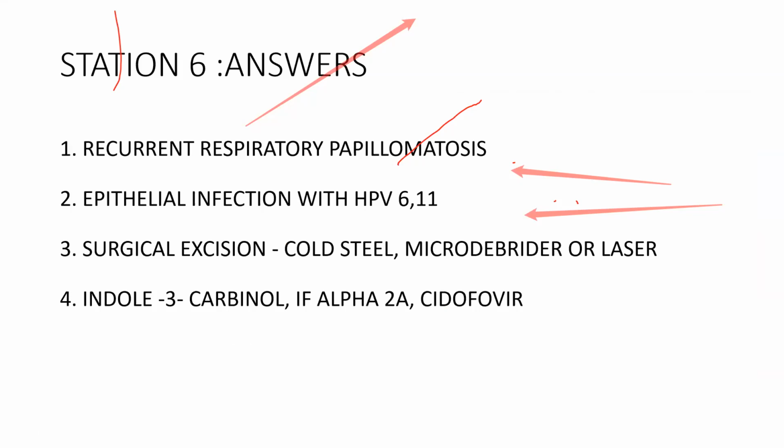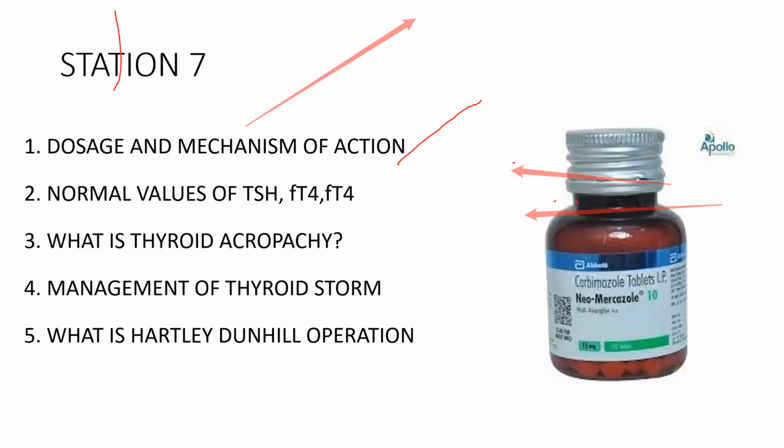Yes, vaginal delivery, firstborn, and age less than 20 years. This is a papillomavirus. This is caused by a viral infection, and the most common virus responsible for this is human papillomavirus 6 and 11.